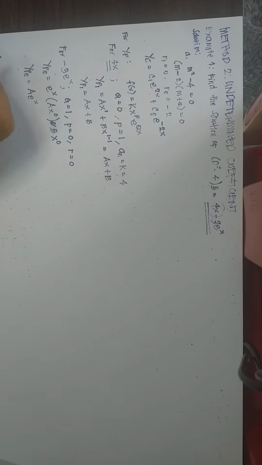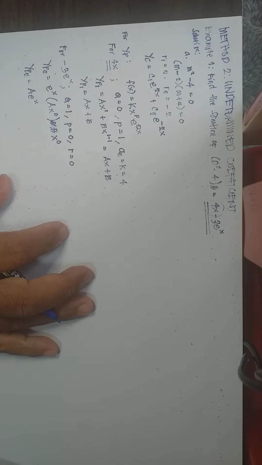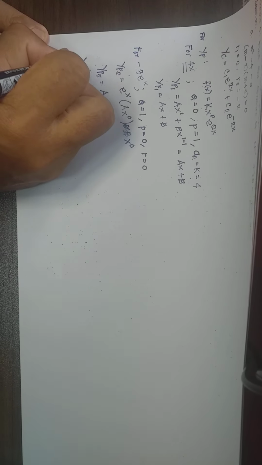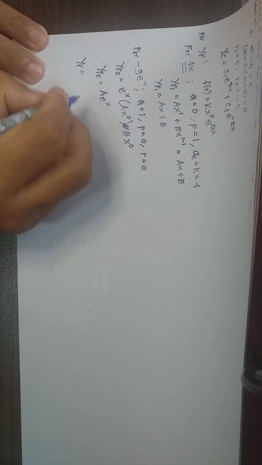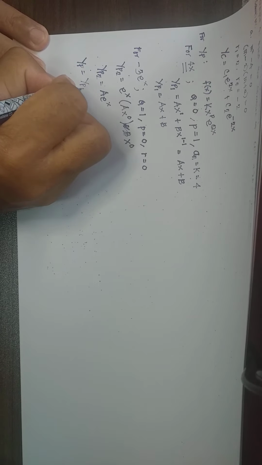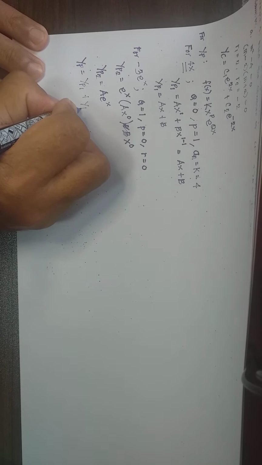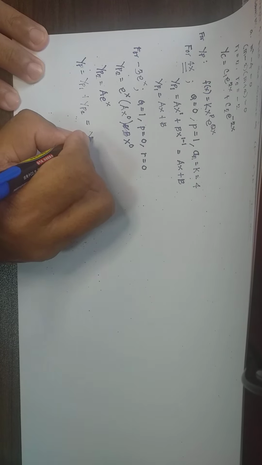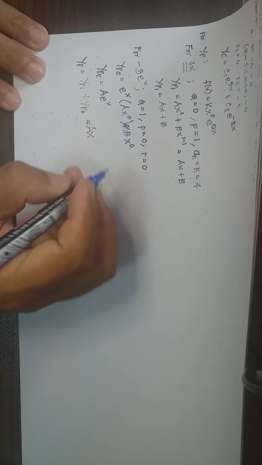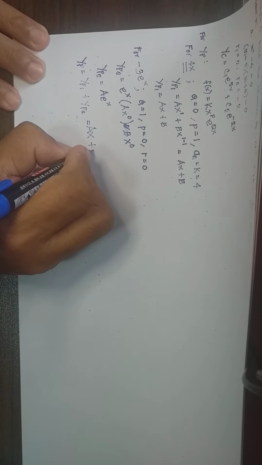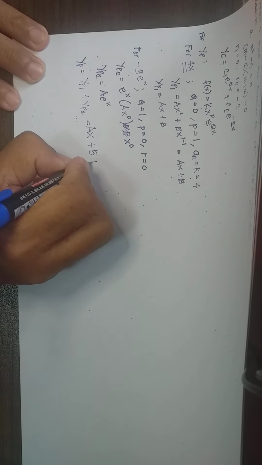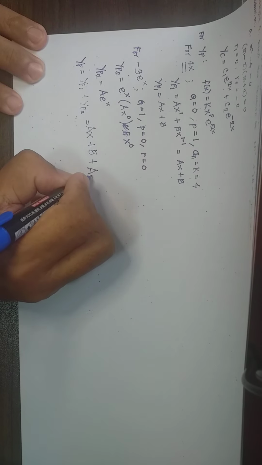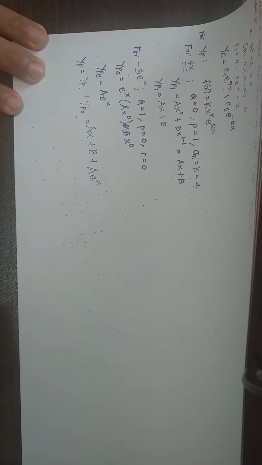Your total yp therefore, ayan, linawin natin. Your total yp is equal to yp sub 1 plus yp sub 2. And this is equal to ax plus b plus a e raised to x.